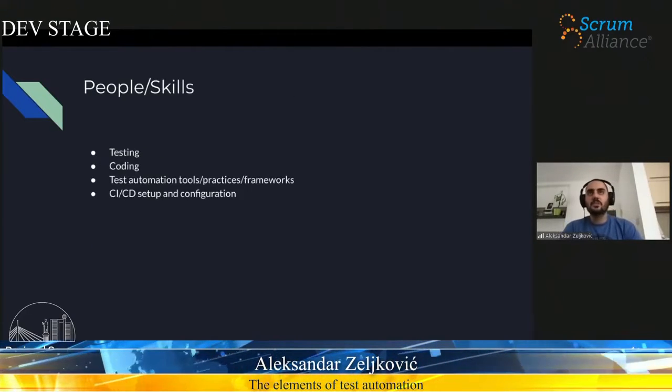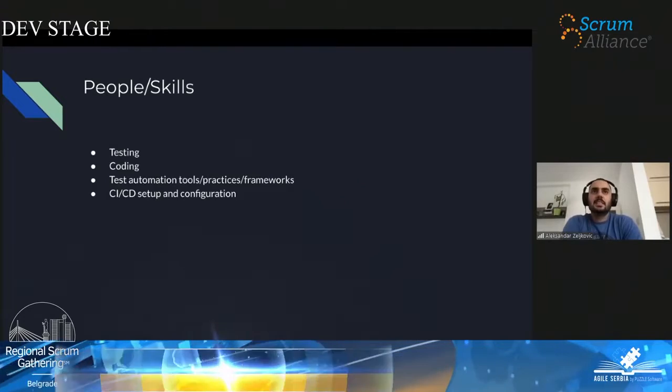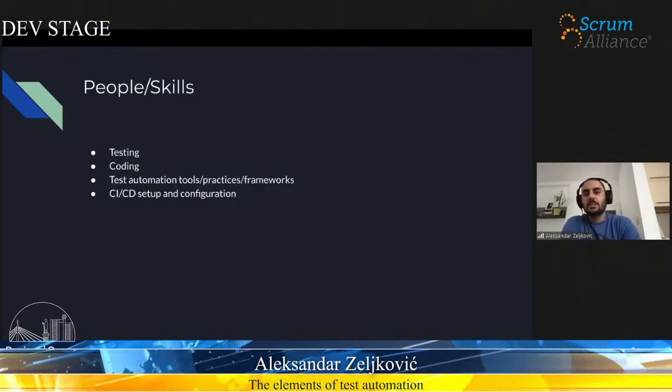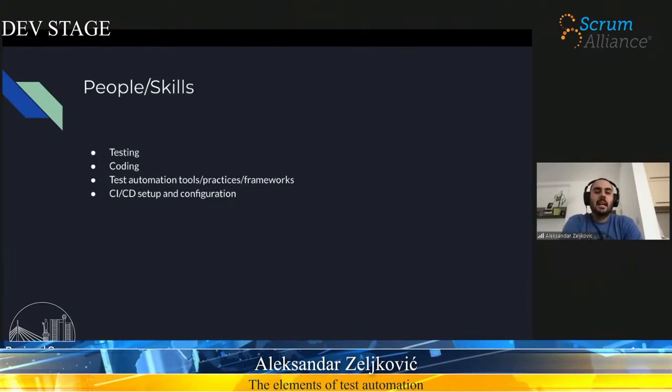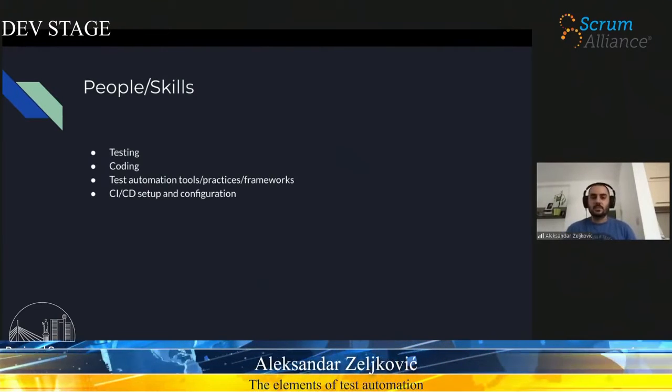The usual practice in development teams is that test engineers, or QA engineers, or test automation engineers, or whatever you call them, are doing test automation. This strictly doesn't have to be the case. Basically, anyone who has a proper set of skills can do test automation on your project.